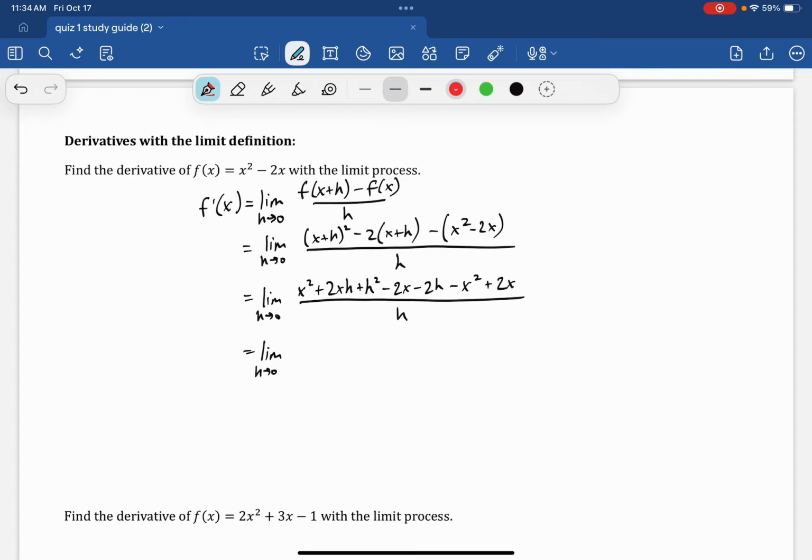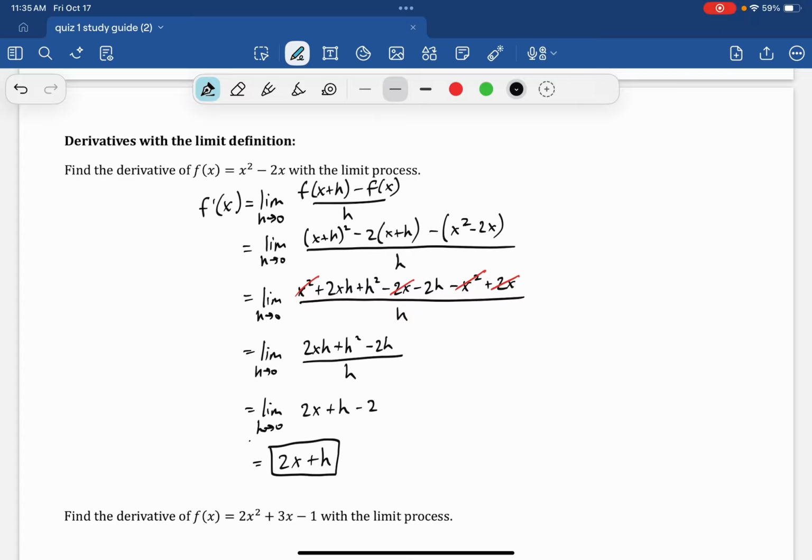Okay, canceling terms. That's all that will cancel. Okay, and then in the final step, I can drop the limit symbol because I'm plugging in my value, h equals 0, into it.